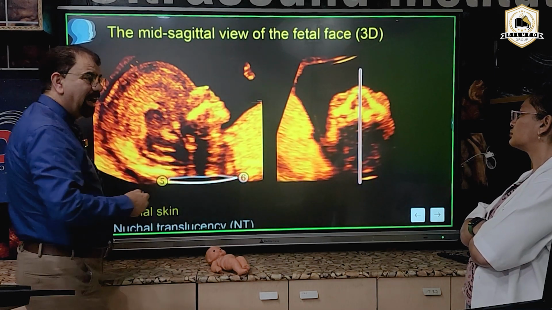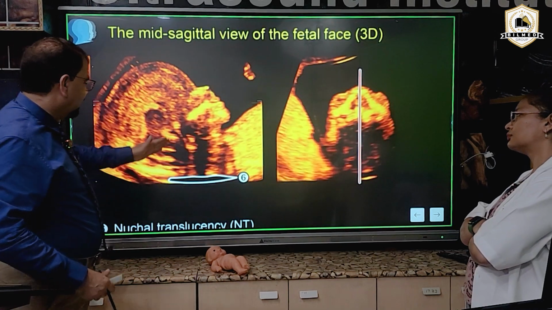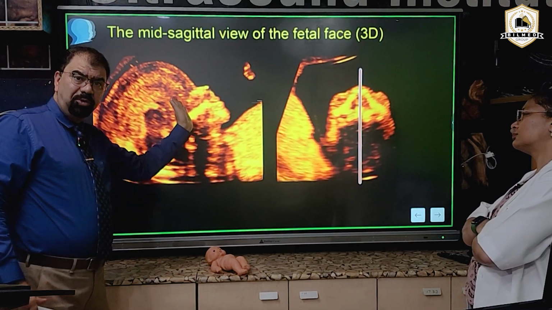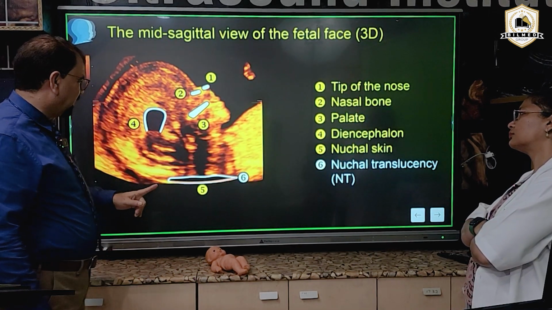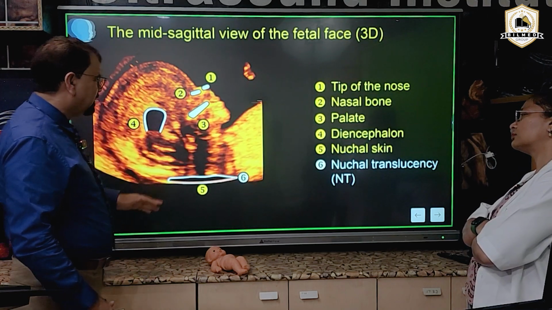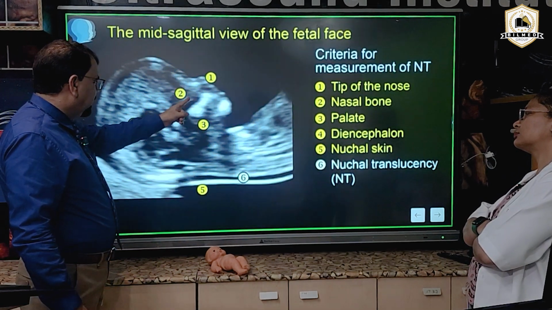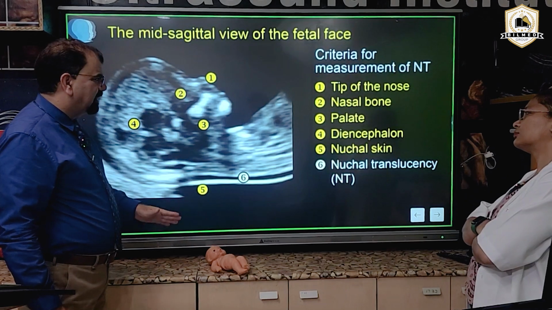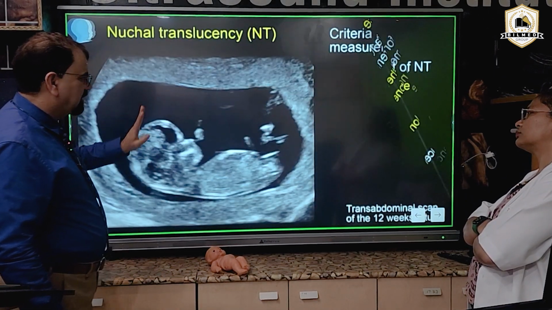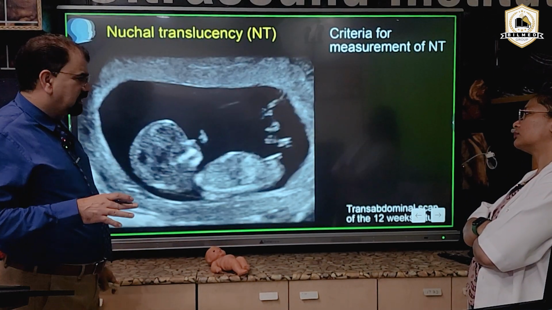That is nothing but the palate. You are seeing the palate without the zygoma. Very important. Nasal tip is over here. First is the nasal tip, then the nasal bone, and you are in the correct plane.